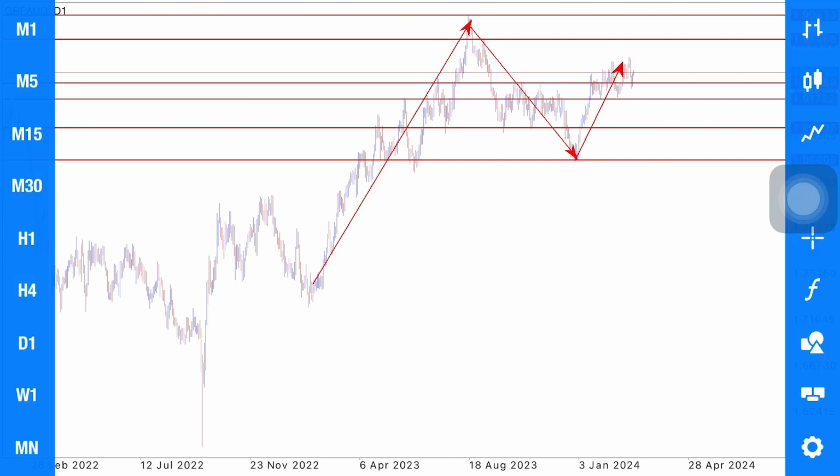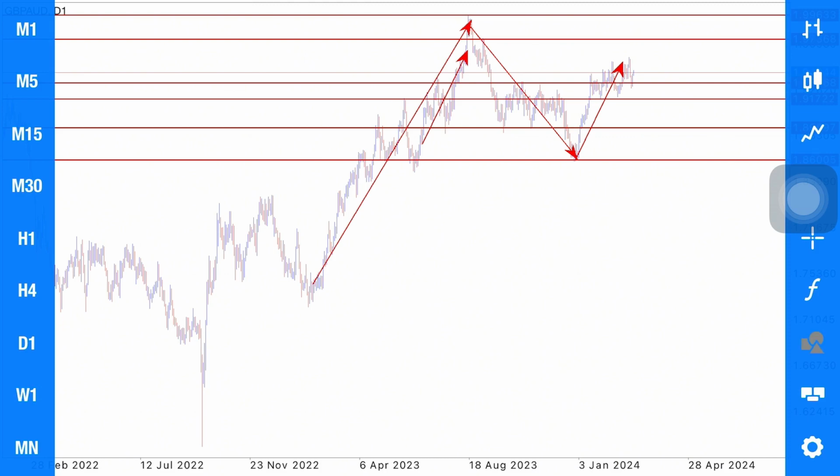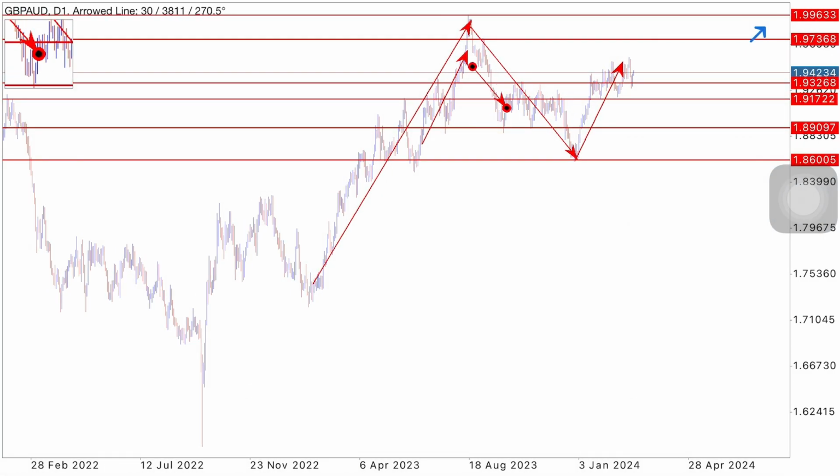And again we also have this point here, whereby the market moved from here to here, and from there to just here.